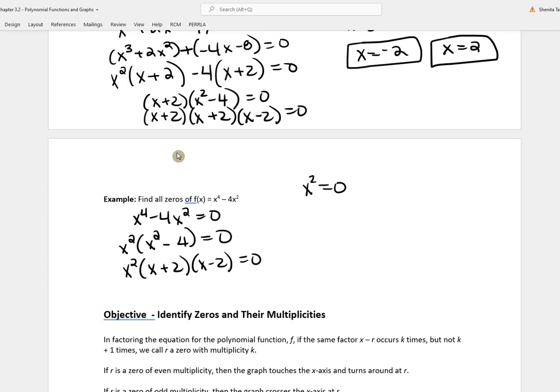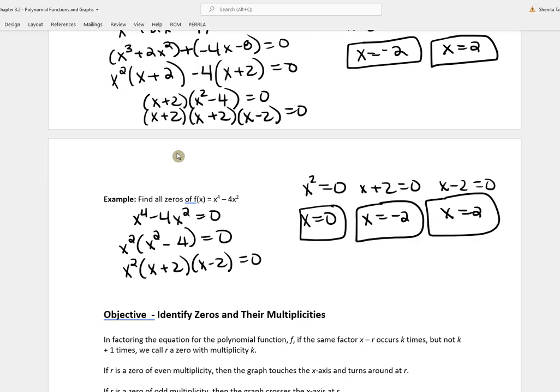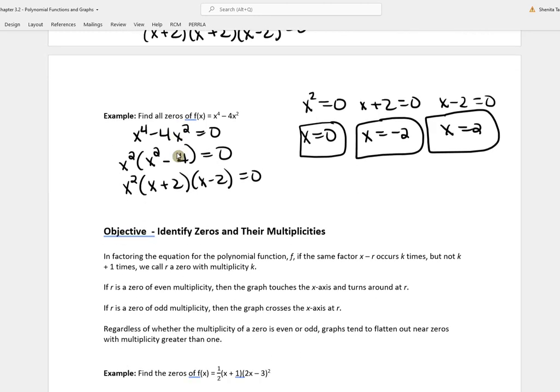I'm going to set each one equal to 0 and solve for x. Well, x squared equal to 0, if you solve this, it would just be x equal to 0. The only number you can square to get 0 is 0. And here x is negative 2 and here x is 2. So you get 3 x-intercepts, or 3 zeros in this case.